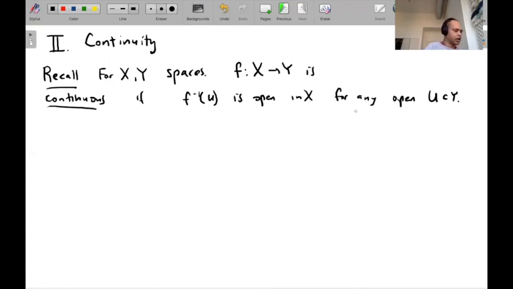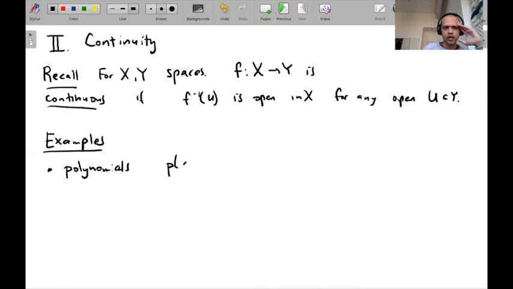Now I want to give you some examples of continuous functions. So first of all, polynomials. Let's take P of x, something like this. Here the a_i are real numbers.